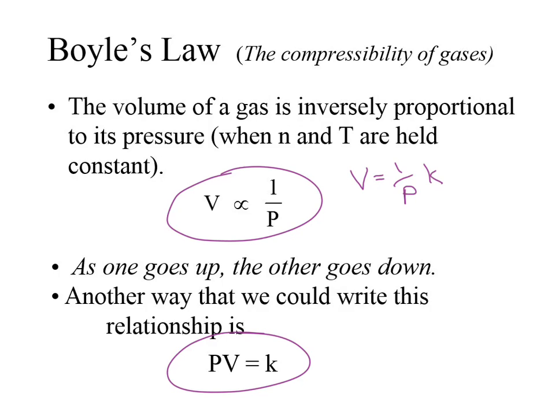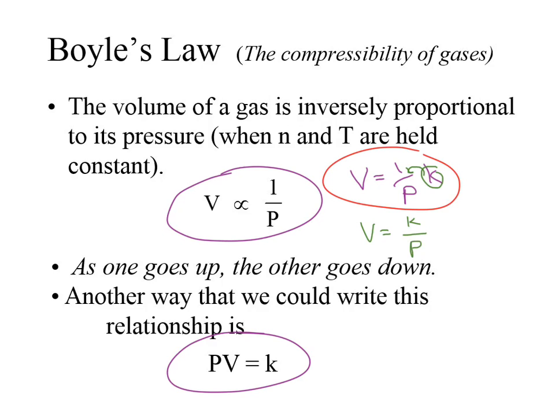So I don't have a proportionality symbol, I have an equal sign, and I throw in the letter K. I'm not an algebra teacher, but let me show you what I think of. I think of this as V is equal to K over P.